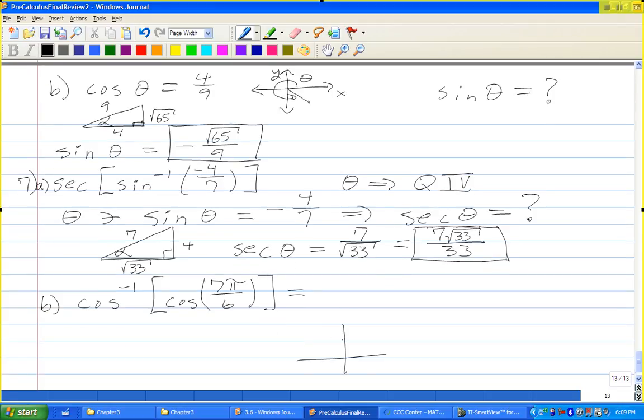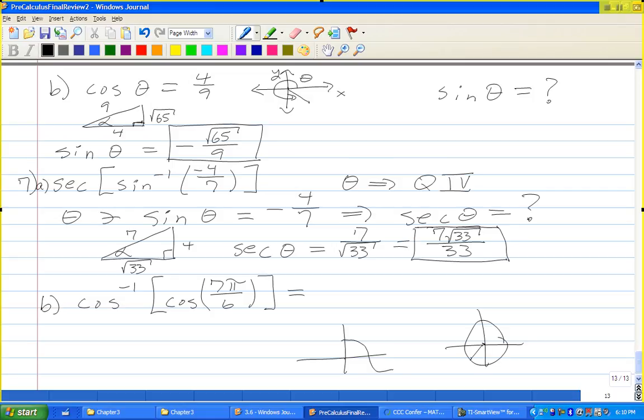So cosine looks something like that. And so usually we define the inverse cosine just in the first and second quadrants. 7 pi over 6 is in the third quadrant.